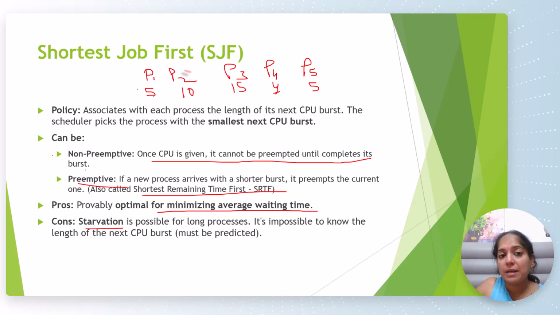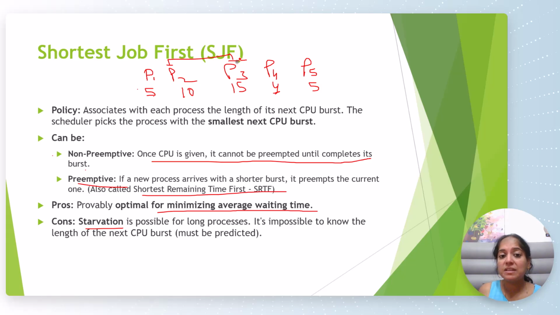So what will happen? The process with the long burst time will have to wait a lot. They will starve for the CPU because the processes with the shorter burst keep coming and the CPU is given to them.